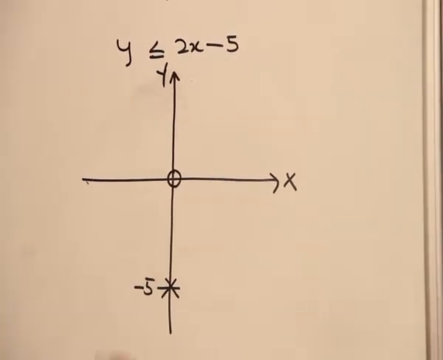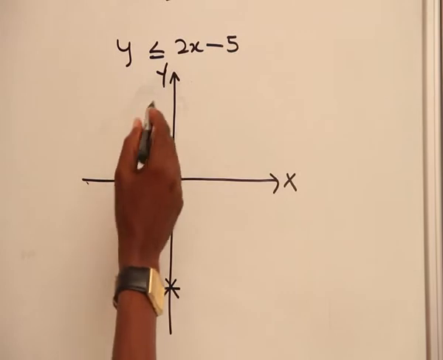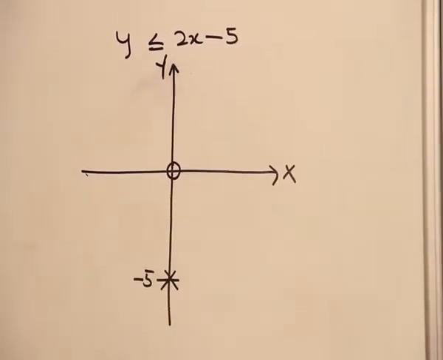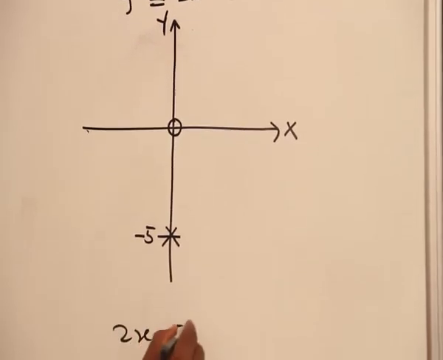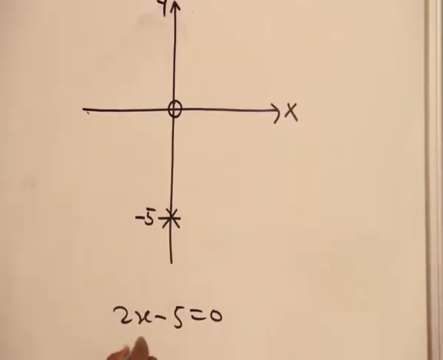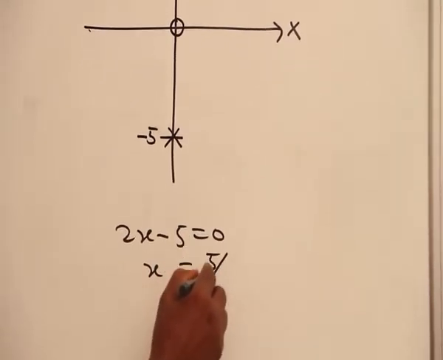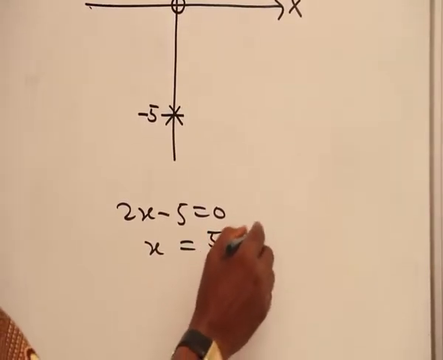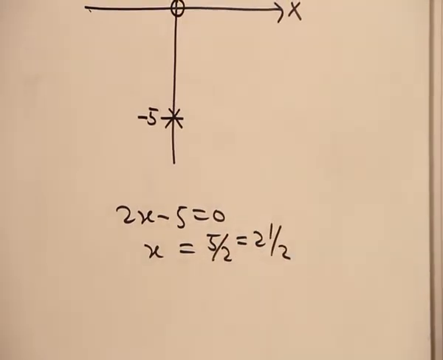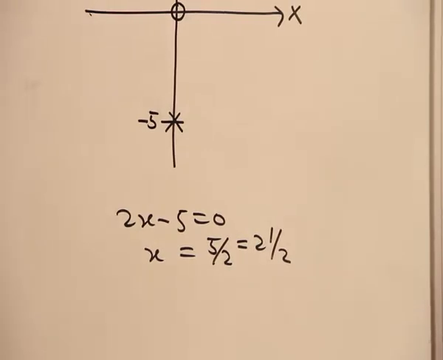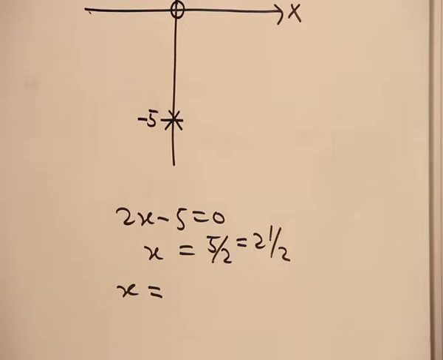Then when y is 0, we have 2x minus 5 equal to 0, so that x is equal to 5 over 2, which is 2.5. But I would prefer to choose a value that will give me a whole number. So let me take when x is equal to 2.